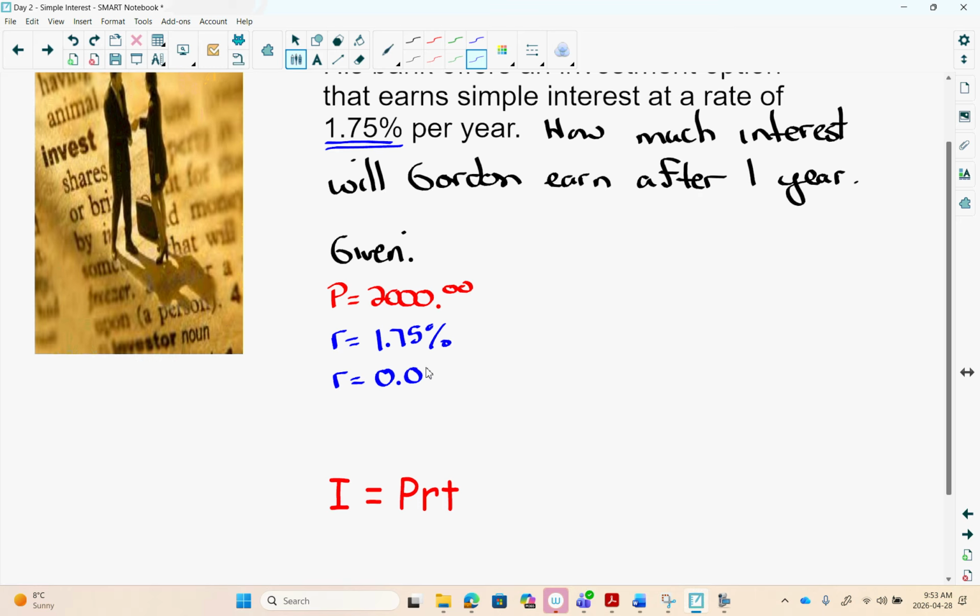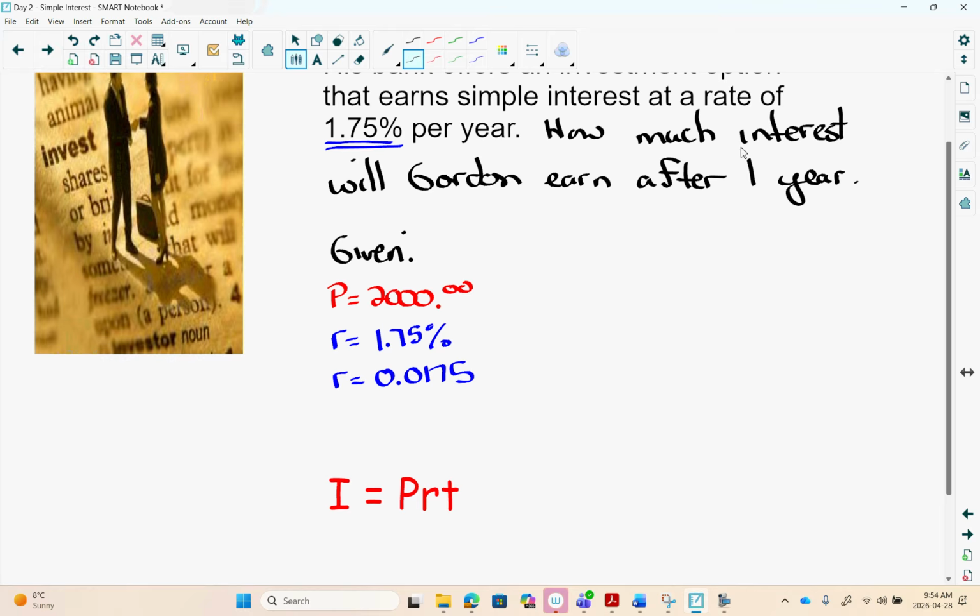Awesome. A lot of people think it's just 0.175. That would actually be 17.5%. If you're not good at converting these, all he really did was swing the decimal place 2 spots to the left, and it would give him this. But you could use your calculator and go 1.75 divided by 100, and that's what you should get.